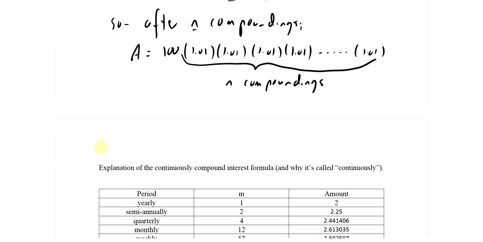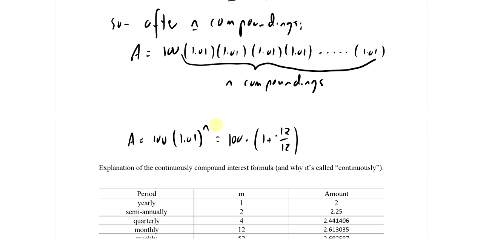Running out of space here, that's okay. So A equals 100 times 1.01 to the n. But remember that this is 100 times 1 plus, well, the 0.01, that was our r over 12, because that was our m, and n is the number of times you compound it.